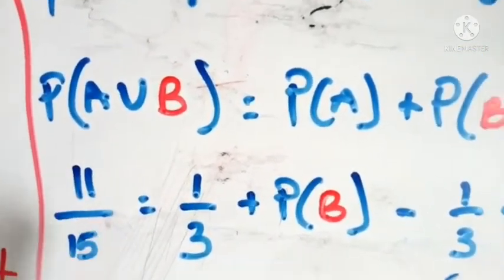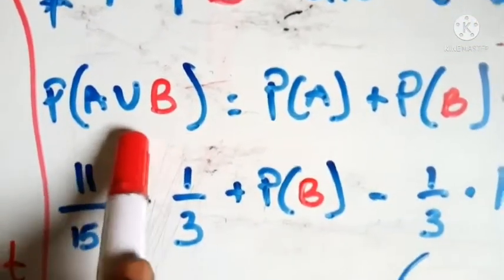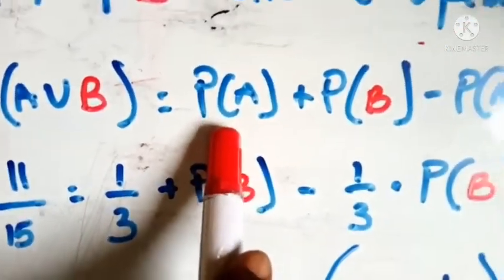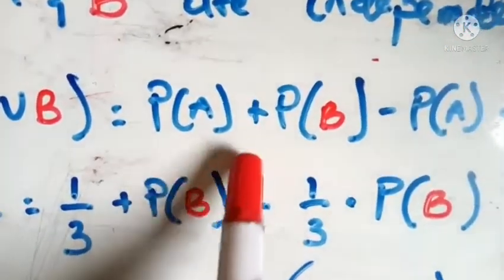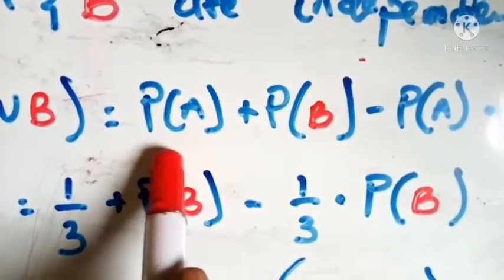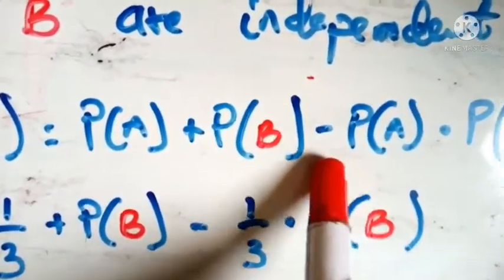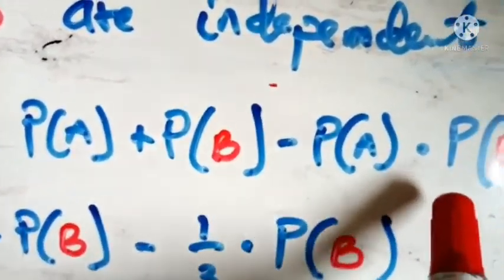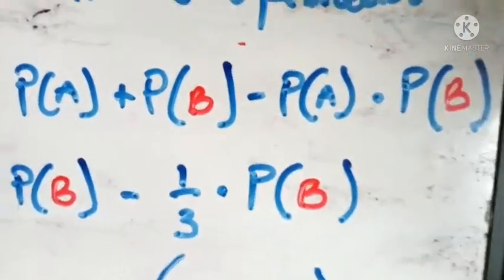So let's split them. This is the chance for the first event, and this is the chance for the second event. Look at what is happening here, we are still combining them. We don't want that, so let's take away the first event, and then we multiply that by the second one.